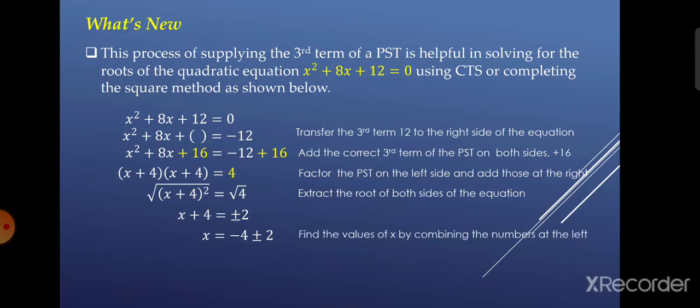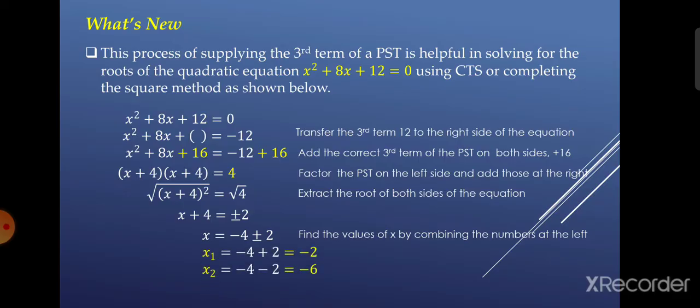So here, in order to find the values of x, we will combine the numbers at the right side. So ang positive 4, i-combine nato siya sa right side, iipon siya sa positive negative 2. So we have two signs, plus or minus. So therefore pwede mabuwag.